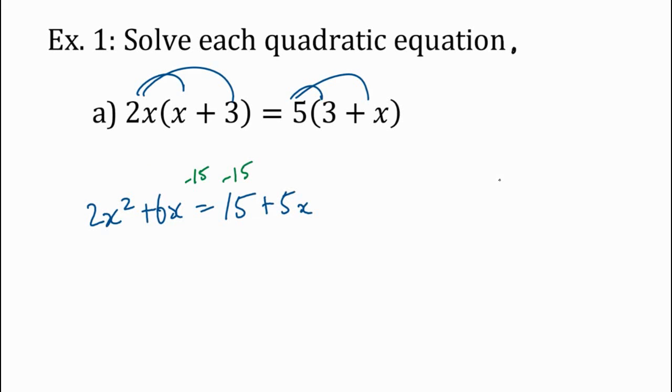And I am going to subtract 5x from both sides. So I get 2x squared. 6x minus 5x is x. And there's nothing to subtract 15 from. So it's like 0 minus 15. So just negative 15.